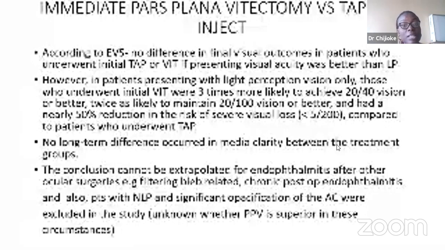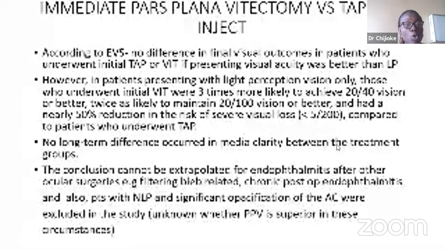However, in patients presenting with light perception vision only, those who underwent initial vitrectomy were 3 times more likely to achieve 20/40 vision or better, twice as likely to maintain 20/100 vision or better, and had a nearly 50% reduction in the risk of severe vision loss compared to patients who underwent TAP.